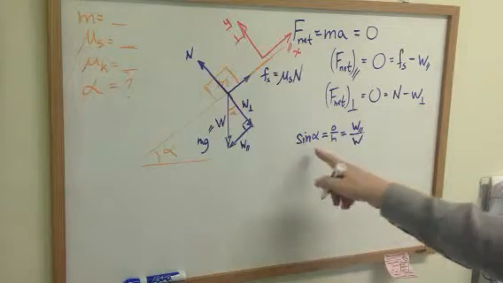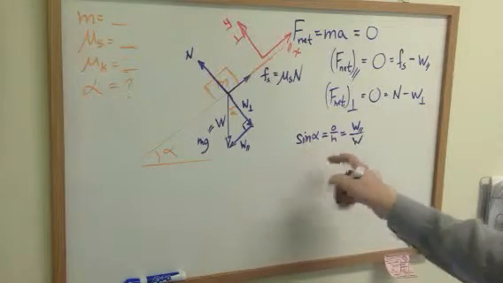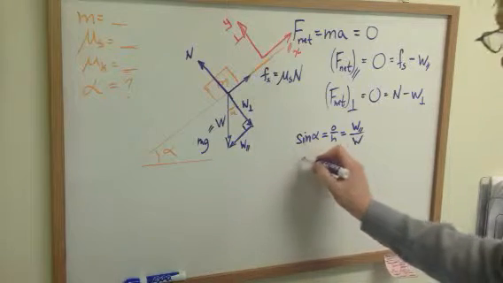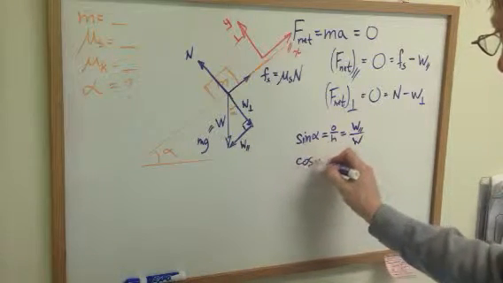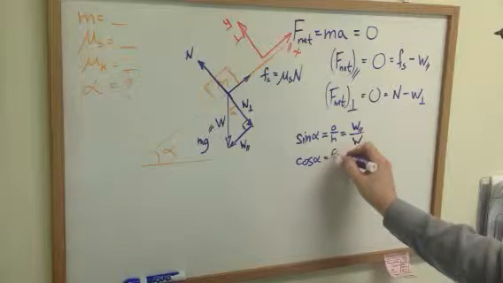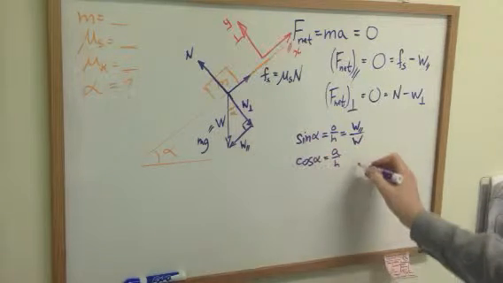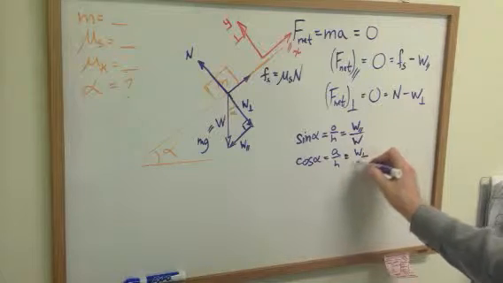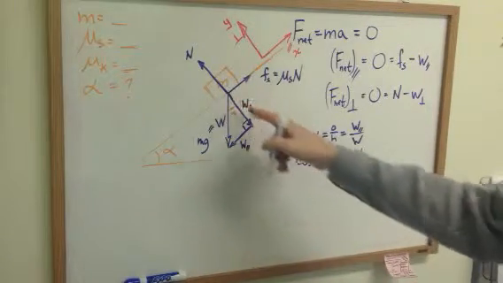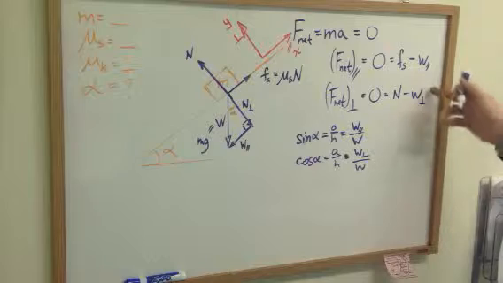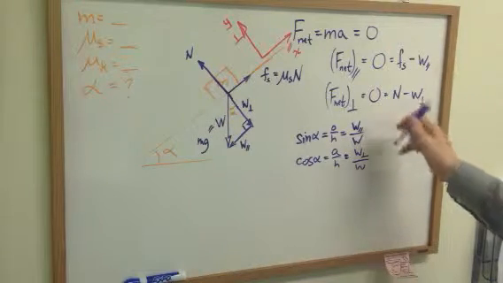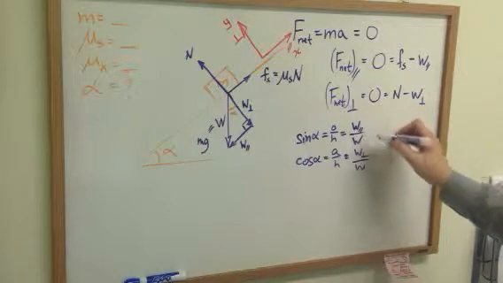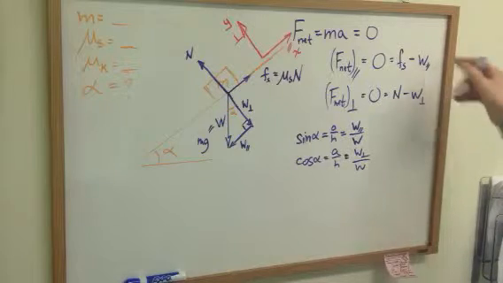And I can similarly use cos alpha, adjacent over hypotenuse, to come up with an expression to calculate this perpendicular weight. So now just solve for the weight parallel, solve for the weight perpendicular, you can put them in there.